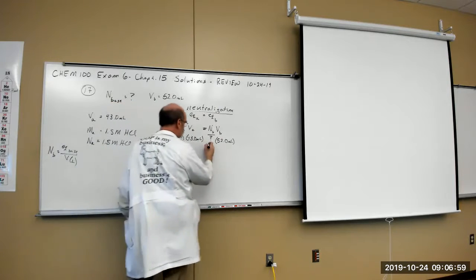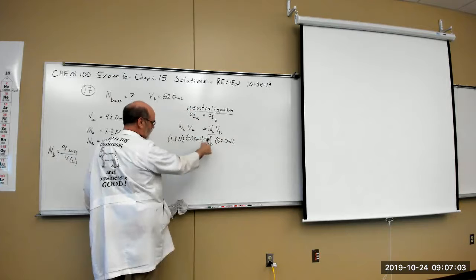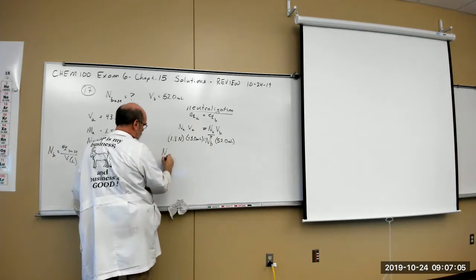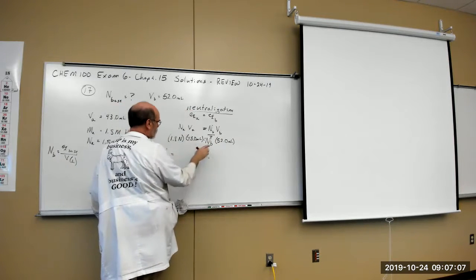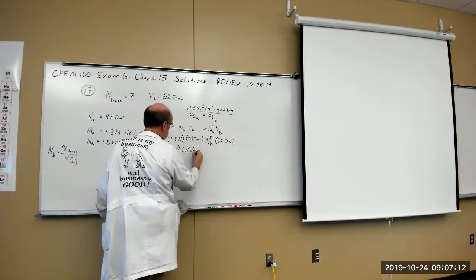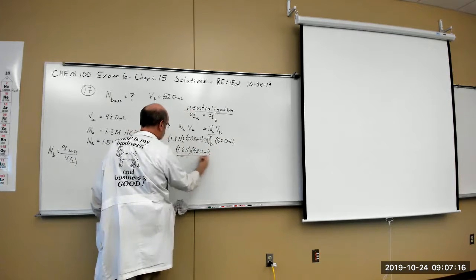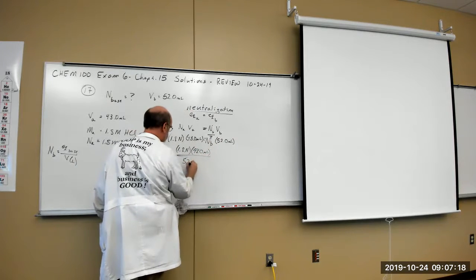So now this is going to be like that. We can solve for this one. So the normality of the base is actually this times that divided by this.